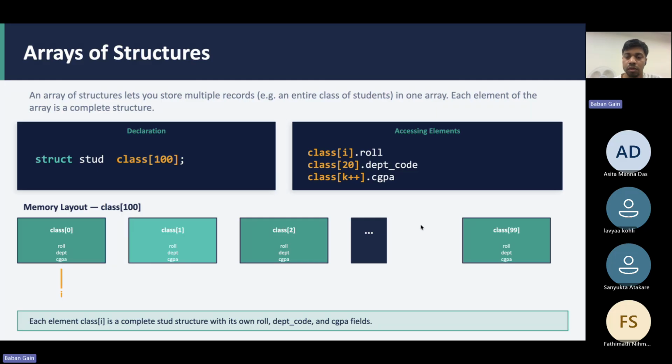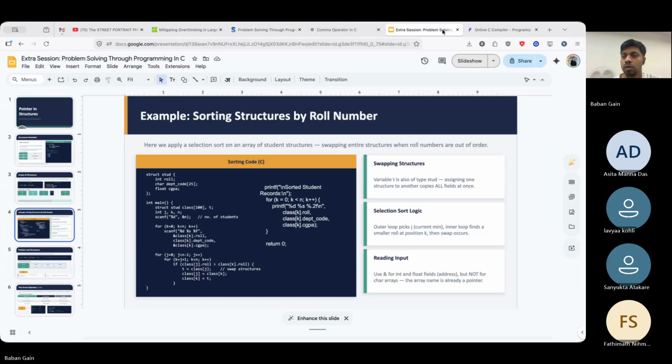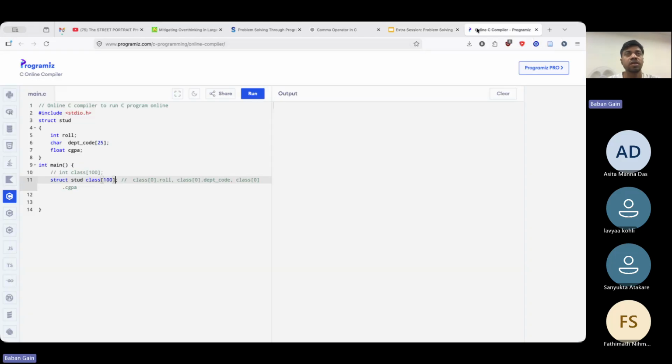So this is it. Then I'll show an example. Let me code it from scratch, to sort an array based on structure. Let's say I have an array of structure and I want to sort it via roll number.